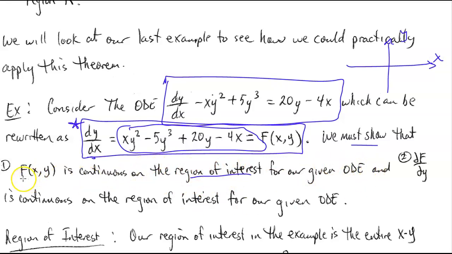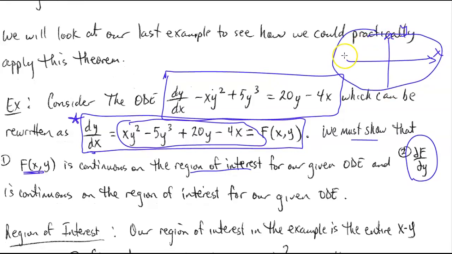So the first thing I have to do is show that this function is going to be continuous over the whole xy plane for this example. The second thing is if I took the partial derivative of this with respect to y, I need to show that that result also ends up being a two variable function that will be continuous over this same xy plane here.